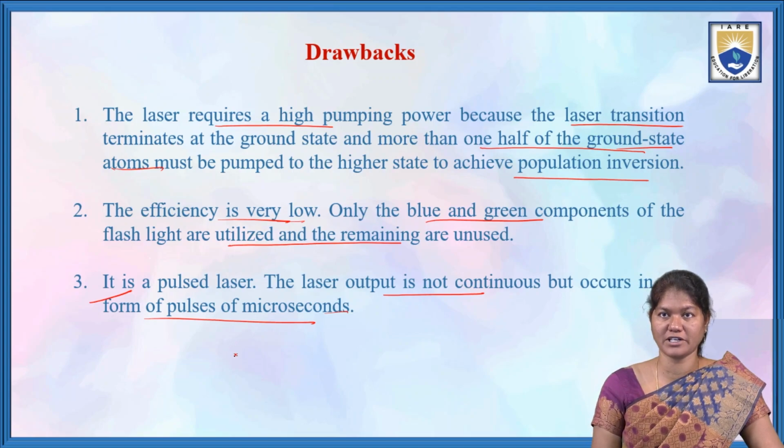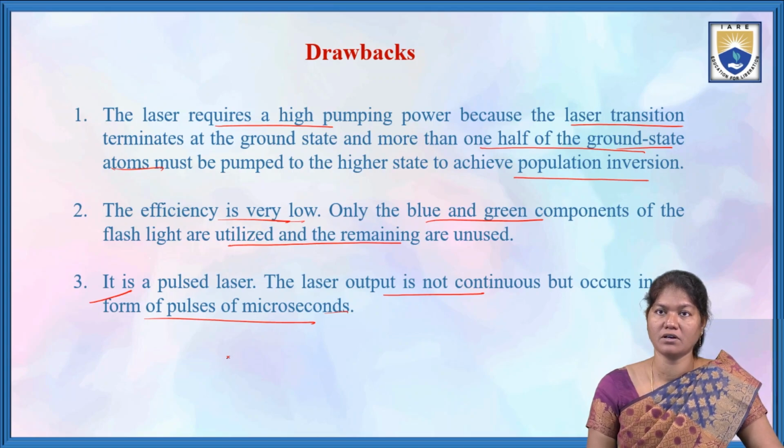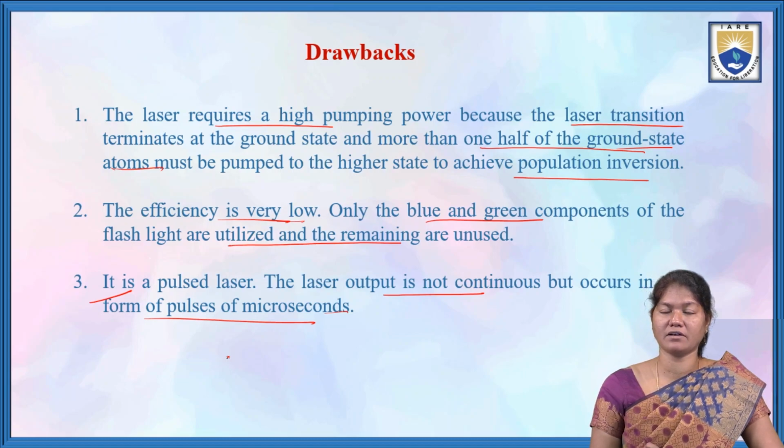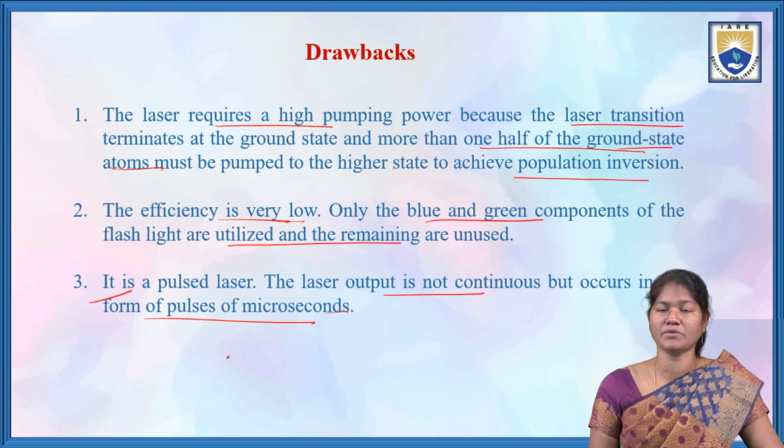So there are three energy levels. When chromium ions get excited, they go to the E3 energy level. From E3 to E2 is a radiationless transition. In this E2 state, it stays up to 10 power minus 3 seconds. The photon moves back and forth until it triggers a stimulated transition.